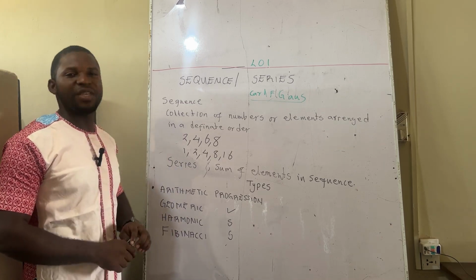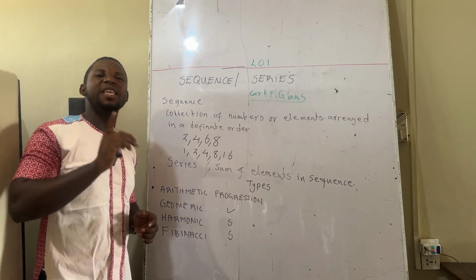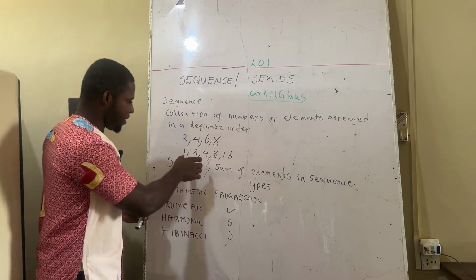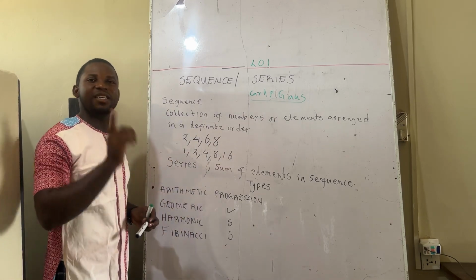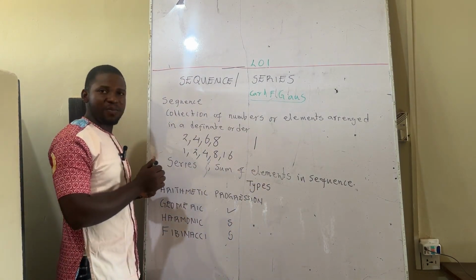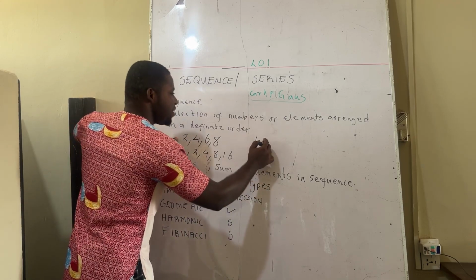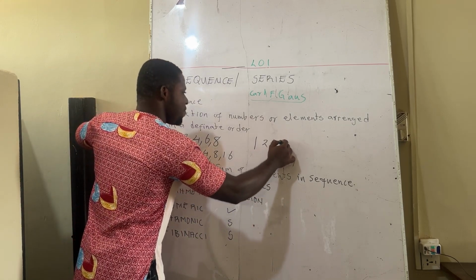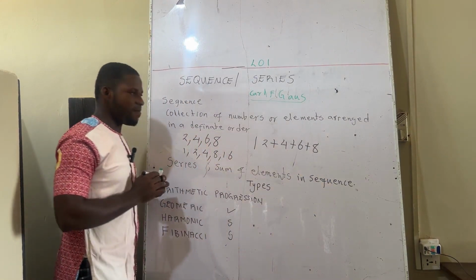We have series, and series is very simple. A series is just a sum of elements in a sequence. So if this is a sequence, when I find the sum, it becomes a series. Let's look at an example of a series. I'm just taking it from the sequence. So this is an example of a sequence, and the series becomes 2 + 4 + 6 + 8.